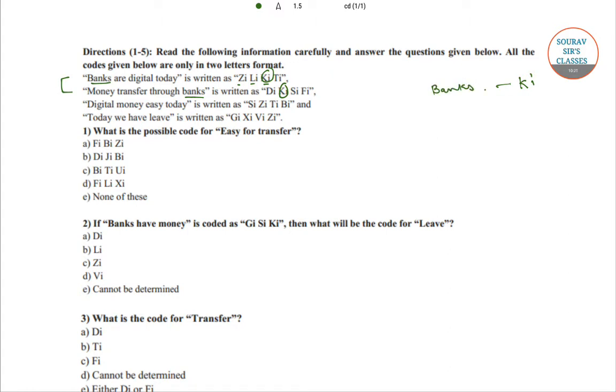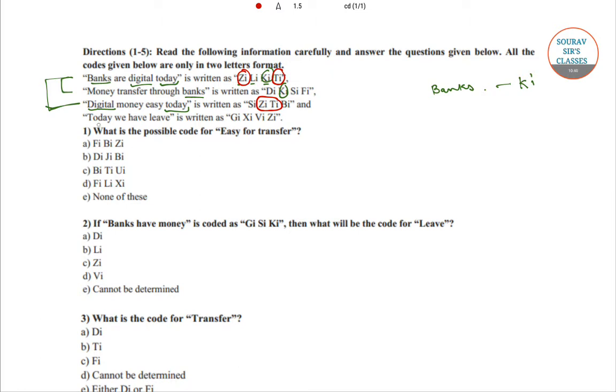Next, we are comparing first and third. Here we can see that there are two words in common. First is digital and second is today. While comparing the codes, we will have that ZI and TI are common.